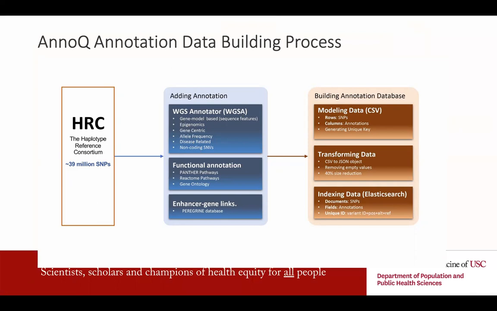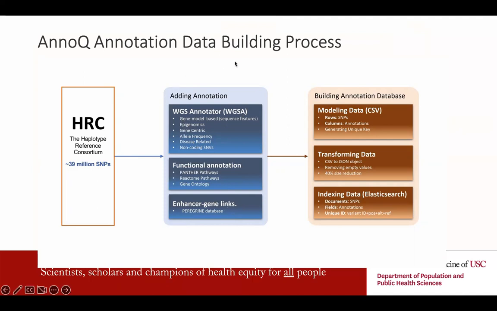And once that is annotated, anything that has a gene associated to those variants, we also annotate to functional annotations such as PANTHER pathway, Reactome pathway, and gene ontology. And if anything is connected or annotated to an enhancer, then we use a paragraph to annotate to the gene also.